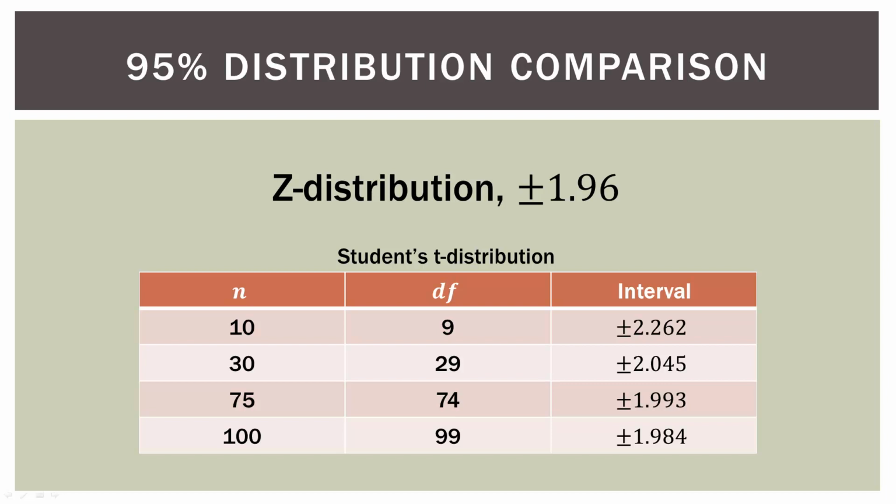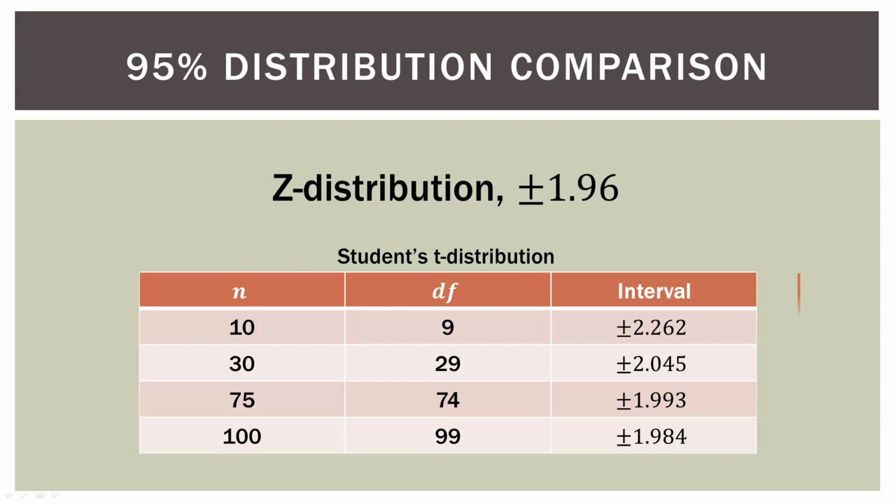Now look at the sample size of 100. Degrees of freedom 99. Now our interval was plus or minus 1.984. So the interval decreased again. It's decreasing by smaller amounts, and it's important to point that out. But it is decreasing as the sample size goes up because our standard error is going down.